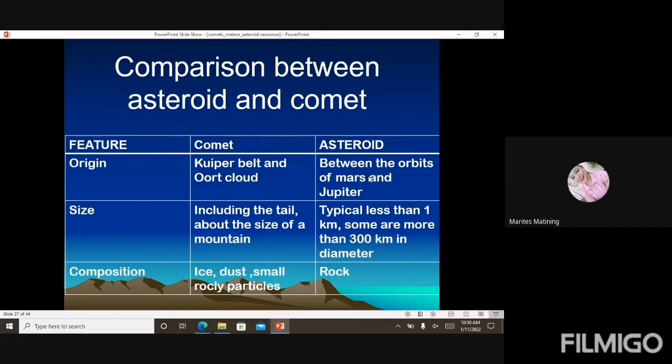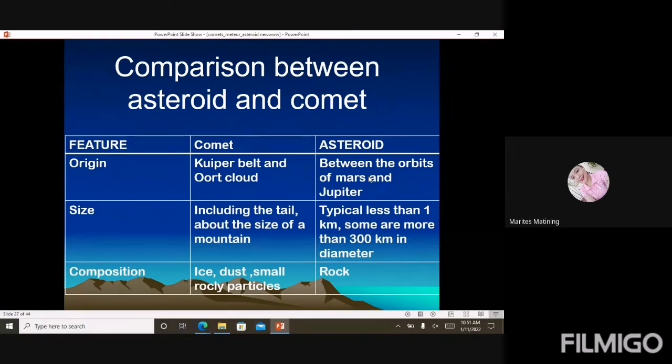So sizes, including the tail, about the size of a mountain for a comet, while asteroids is typically less than 1 kilometer, some are more than 300 kilometers in diameter. So according to their composition naman, ice, dust, and small rocky particles for comets. Then asteroids, rocks lang siya.